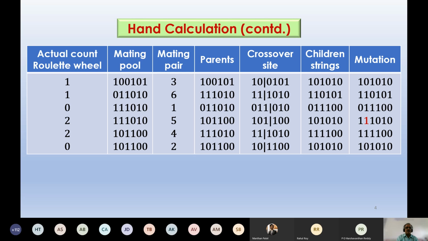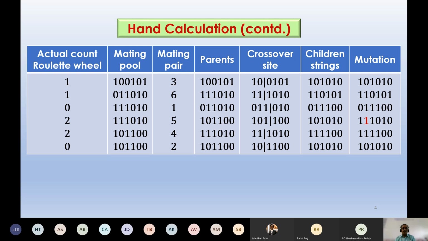Okay, once again, the population size of this particular mating pool is equal to 6. I think I'm clear up to this: how to implement the proportionate selection or the roulette wheel selection to get this particular mating pool.